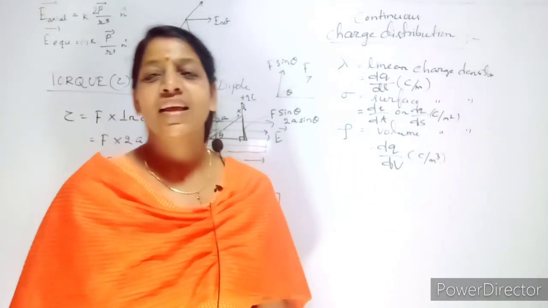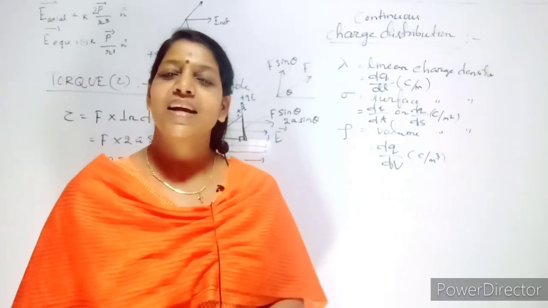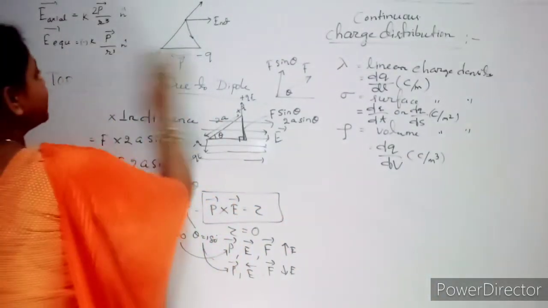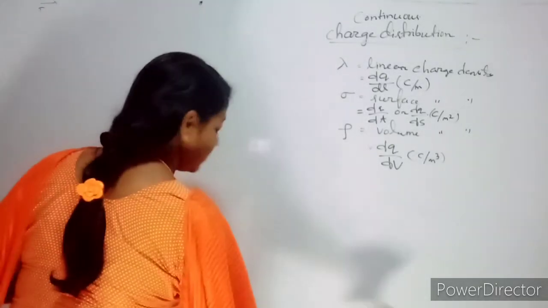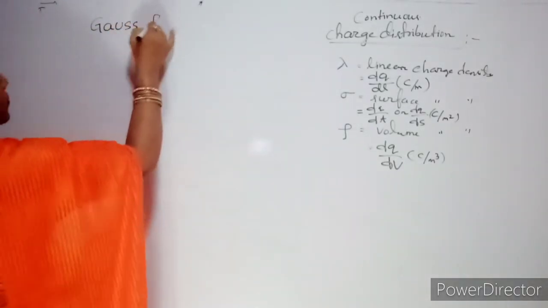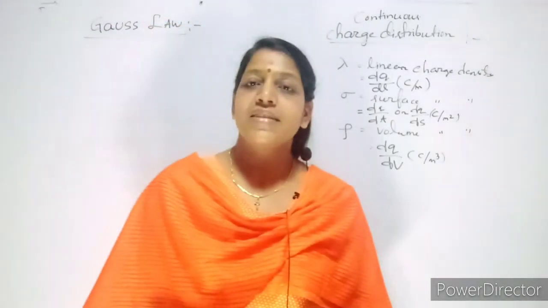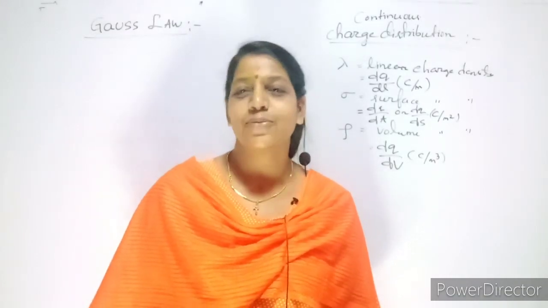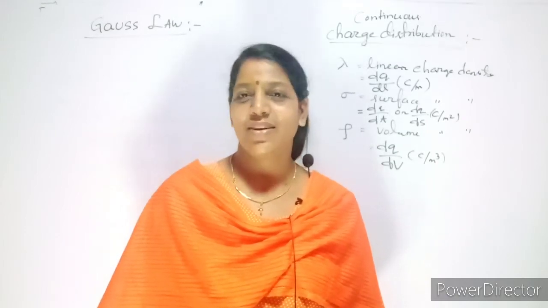Over. So simple. Now let us see a very important concept in electrostatic field called Gauss law. Make the heading Gauss law or Gaussian law. Gauss law states that the net flux enclosed by a closed surface is equal to 1 by epsilon naught times the charge enclosed.